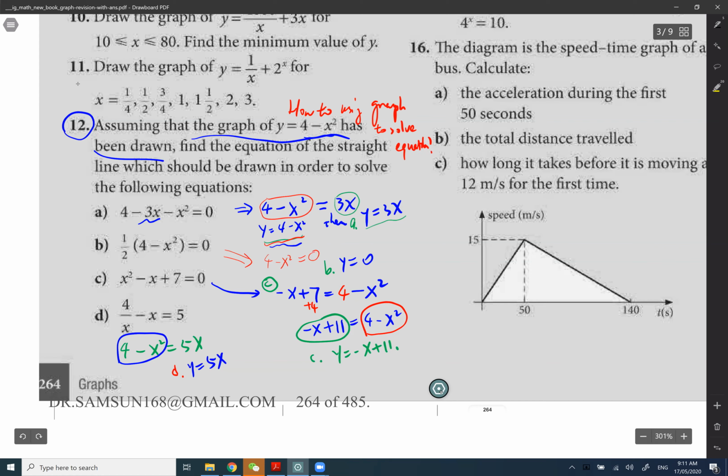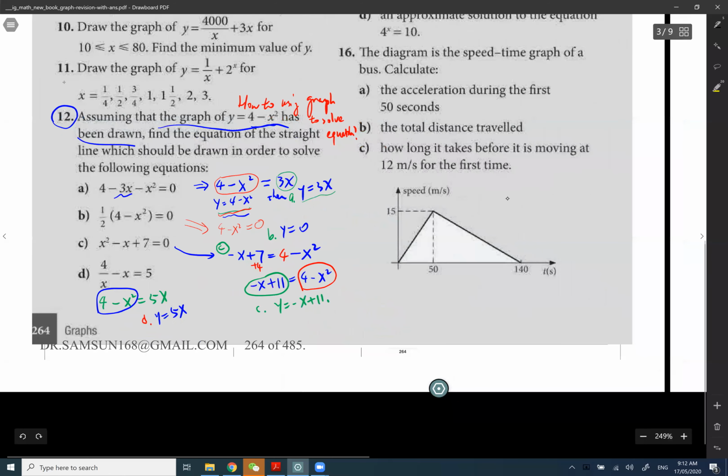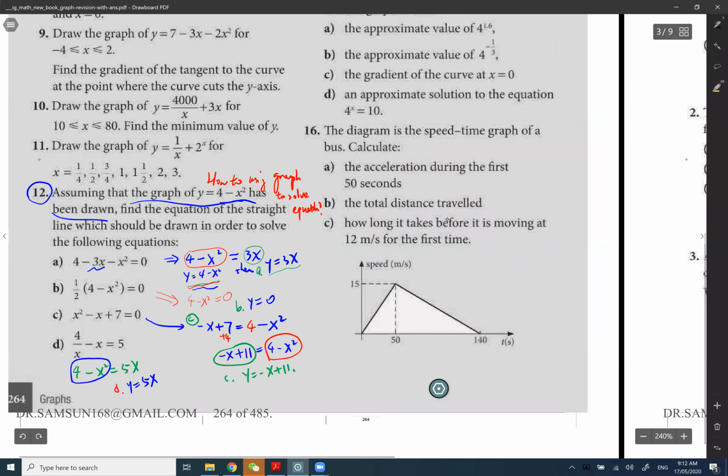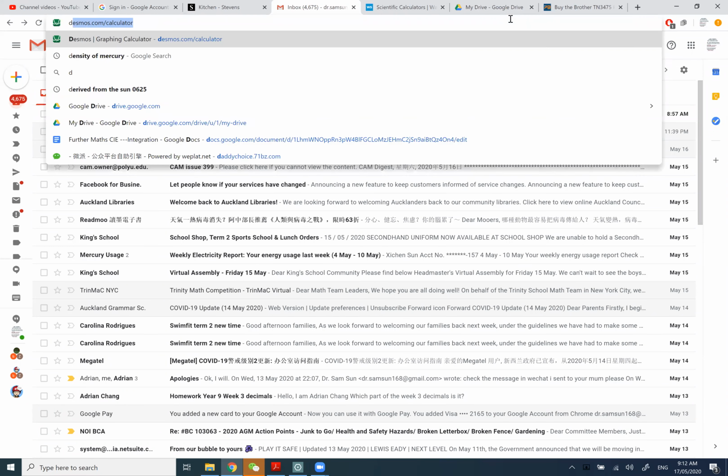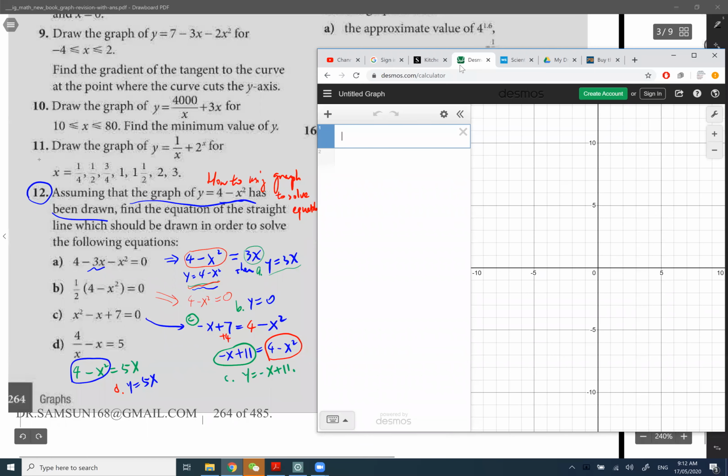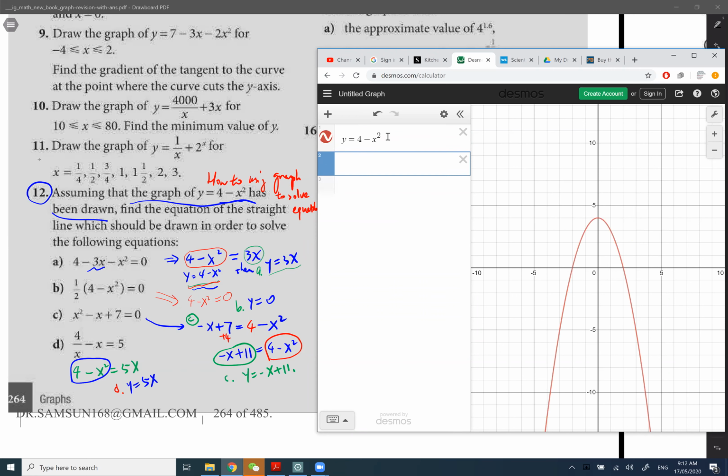For example, after we have this part, we can try one. Say they ask you to solve question A. We have a graph here, 4 minus x squared. From the answer for A we need to sketch y equals 3x.